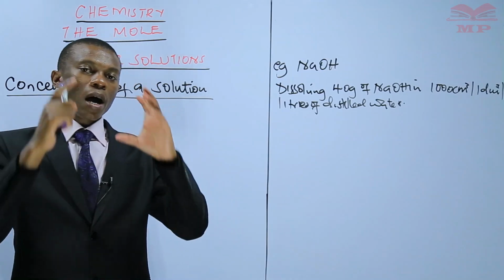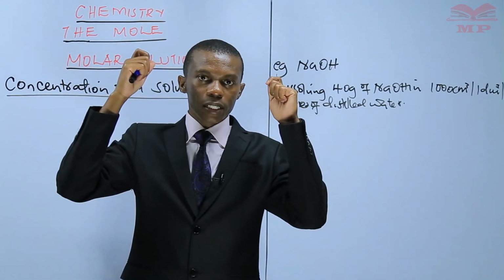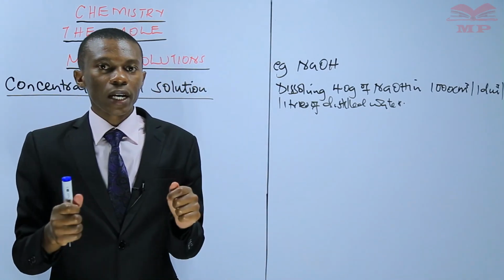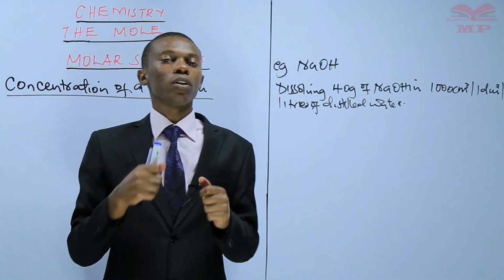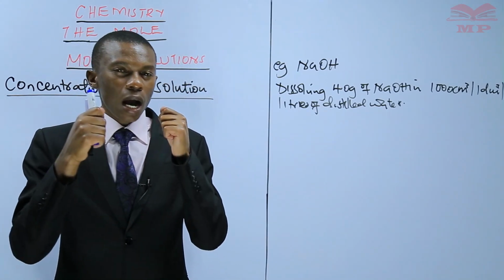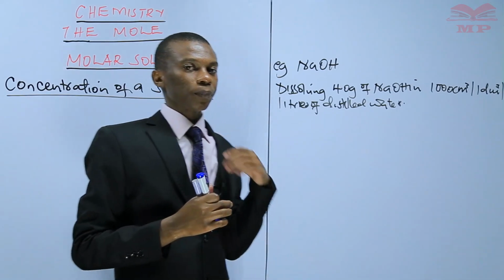Get the mass of 1 mole of a solute, then dissolve that mass in 1 liter of a solution. Then you get a molar solution of sodium hydroxide.